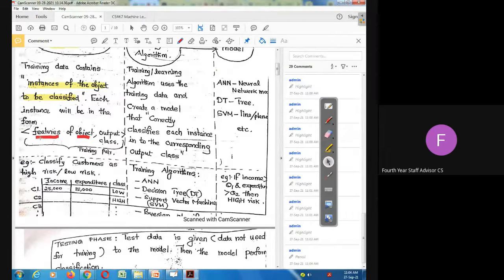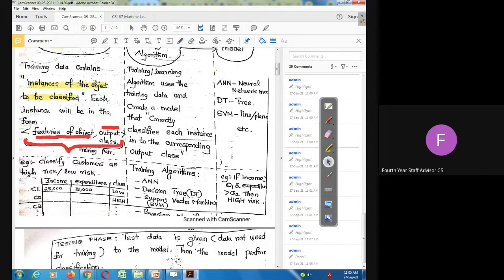So the first part is called the features of the object, and the second part is called in which class that object belongs. There is a label associated with that object, that is called the output class. Okay, so this collectively is called a training pair.